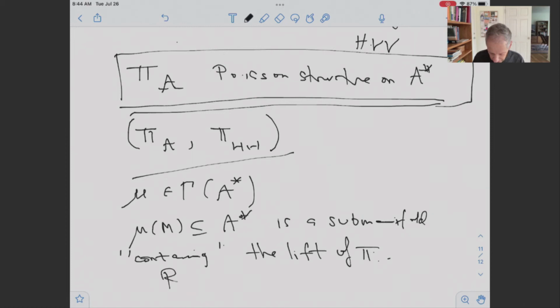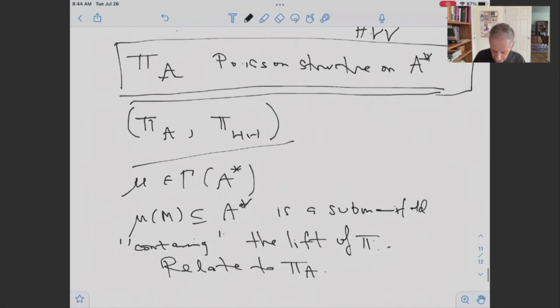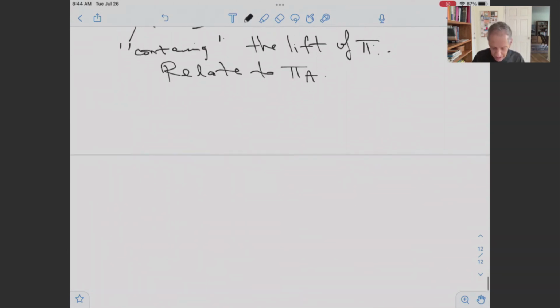So we want to relate this to pi A. And we don't really have any answer in the general case except some partial answers.